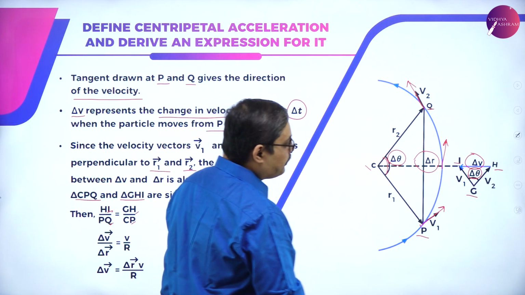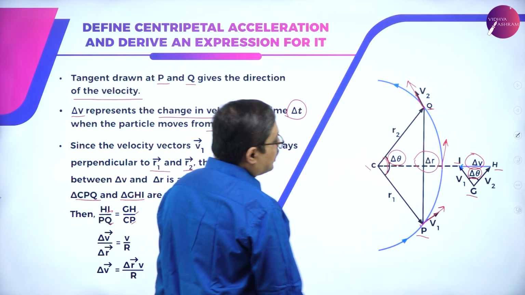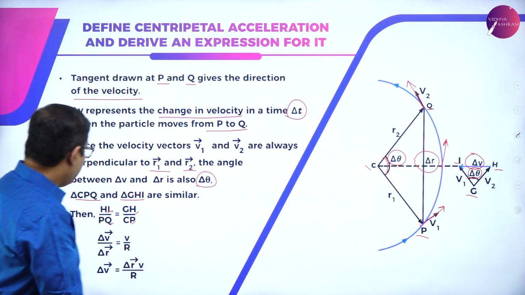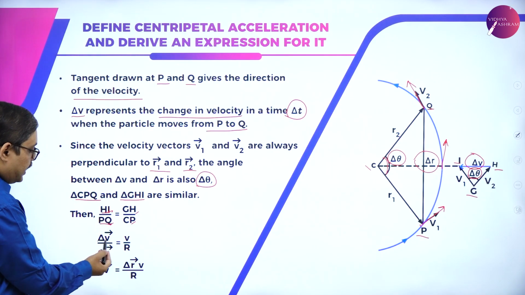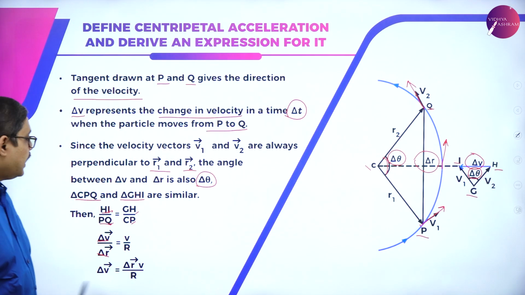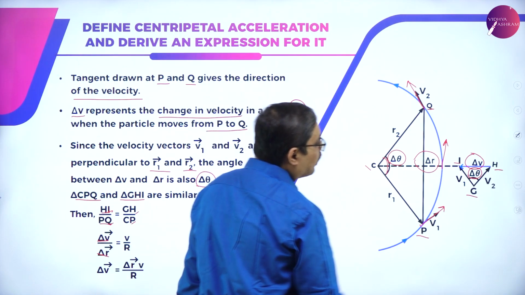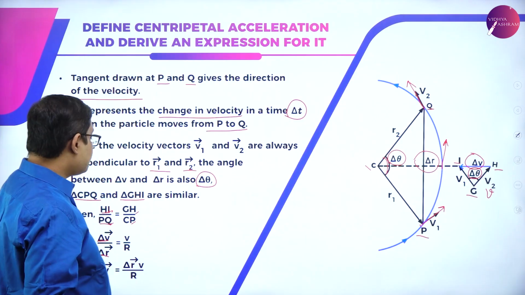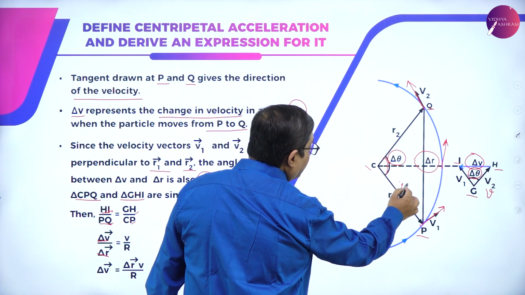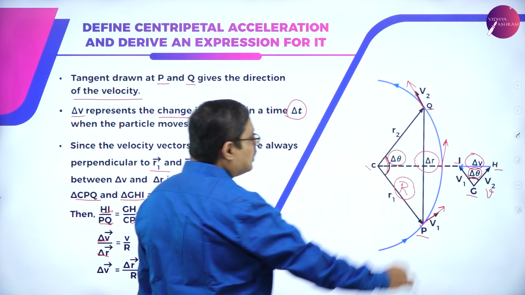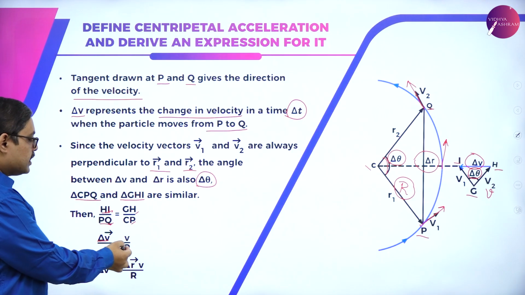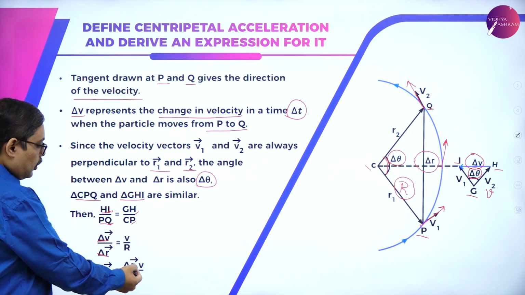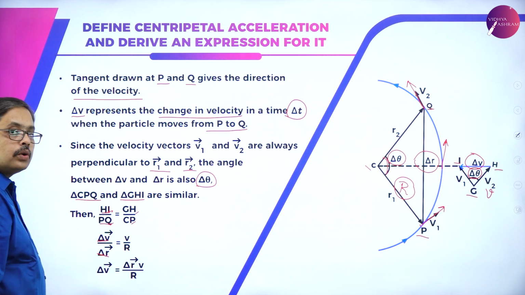HI is delta V and PQ is delta R. GH is given by velocity, whereas CP is the radius of the circular path, so I can take this as velocity by radius. What do I get? Delta V is equal to delta R by R into V.